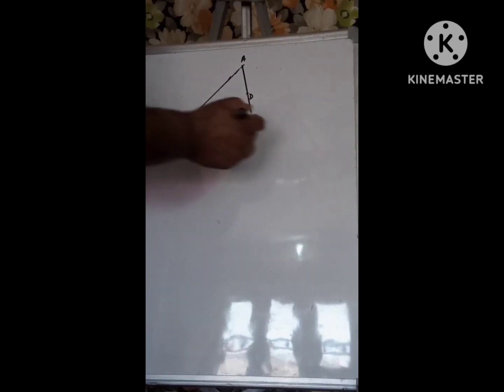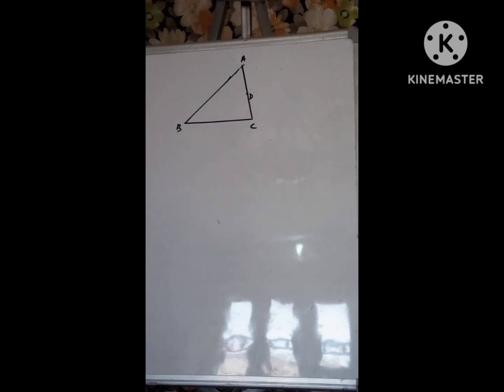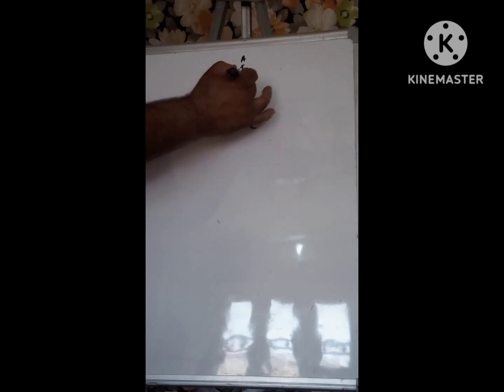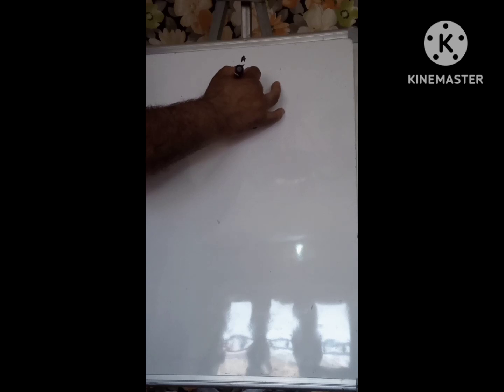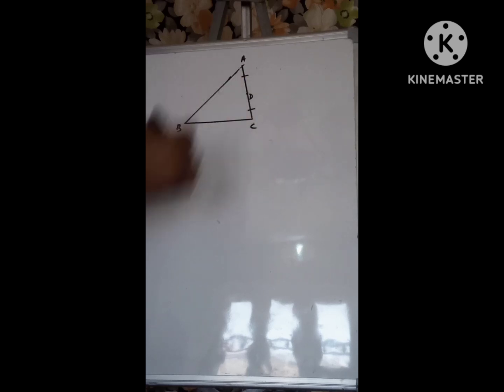Let ABC be any given triangle. We take D, the midpoint of AC, which means AD is equal to DC.